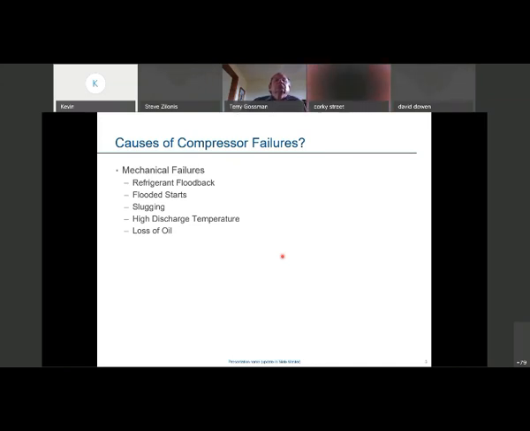Then slugging. Slugging is pretty much from refrigerant floodback, but slugging is more along the lines of having oil coming back. For instance, you go out to a job site and you find an empty gallon jug of refrigerant oil sitting by the system, and you wonder, well, where did the other oil go?